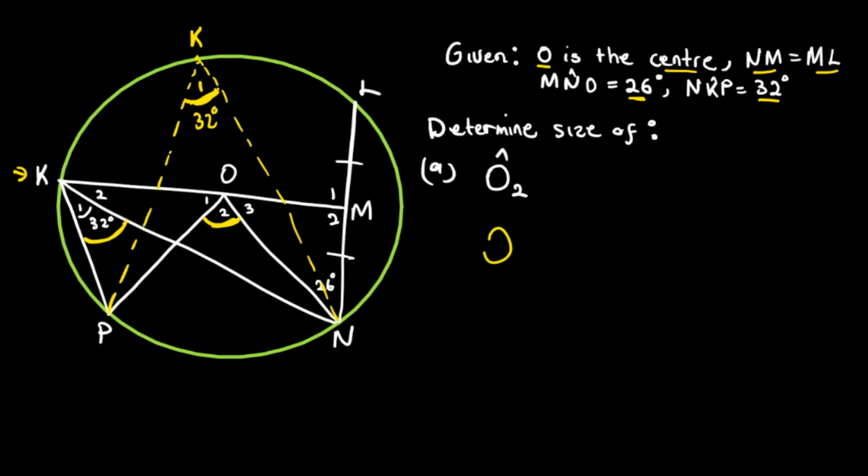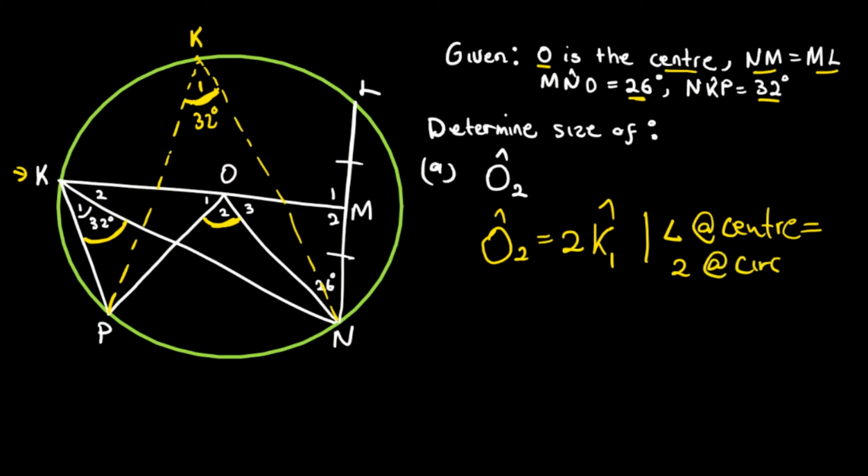So you're going to say angle O2 is equal to twice angle K1. The reason is the angle at the center is equal to twice the angle at the circumference.